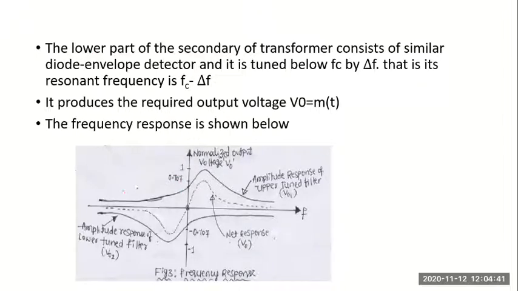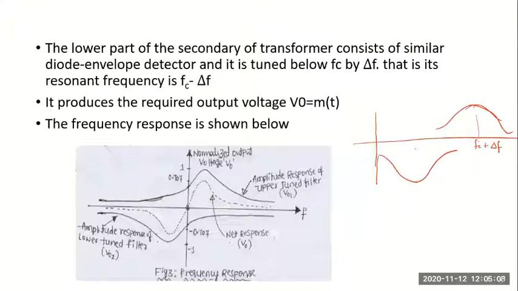The upper tuned circuit will generate one frequency response like this, and this maximum frequency is Fc plus delta F. The lower slope detector has the opposite direction of diode, so it will generate another response like this, and this corresponding frequency is Fc minus delta F. So the lower slope circuit is tuned to Fc minus delta F. The upper slope circuit is tuned to the frequency Fc plus delta F, right?